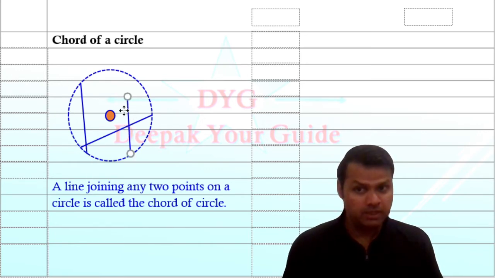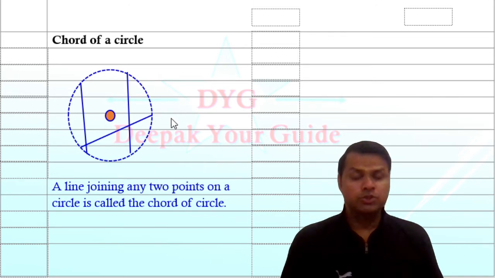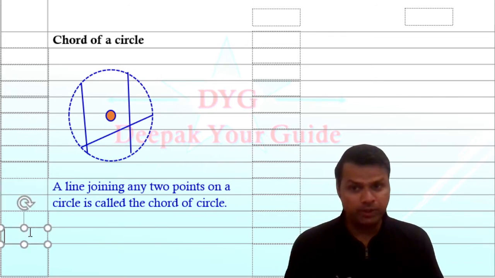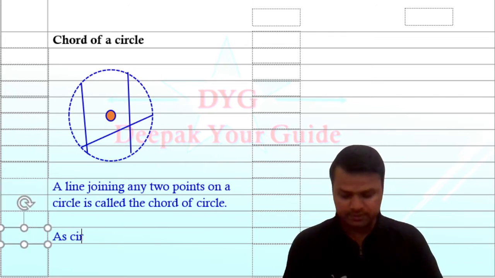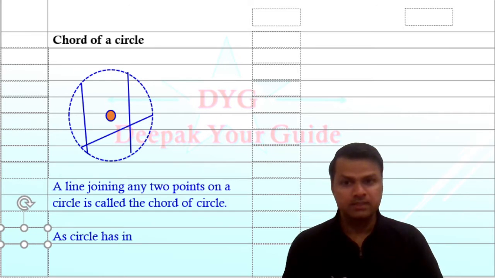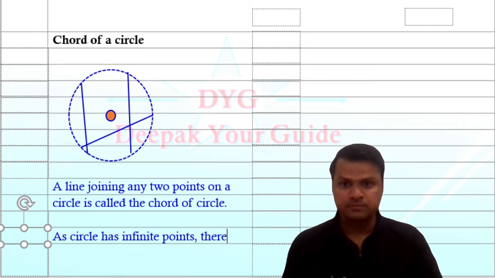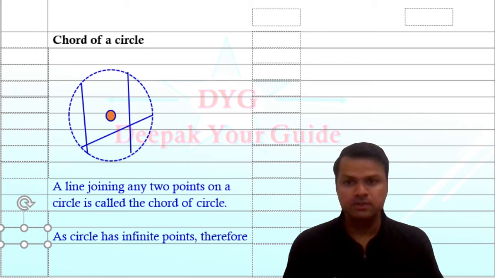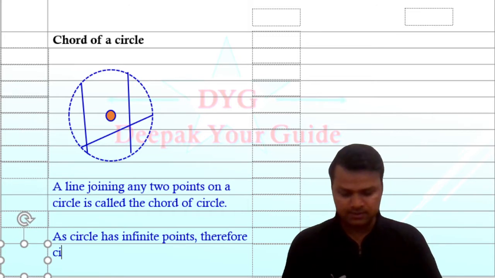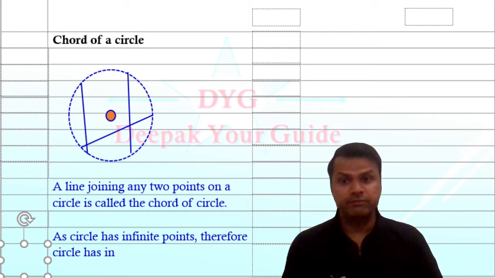How can I make this a chord? I have to extend it and make sure that it joins a point on the circle. As the circle has infinite points, therefore the circle has infinite chords.